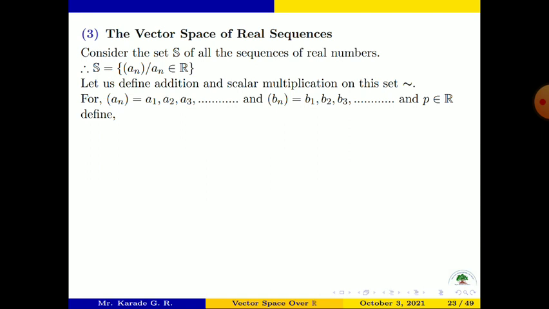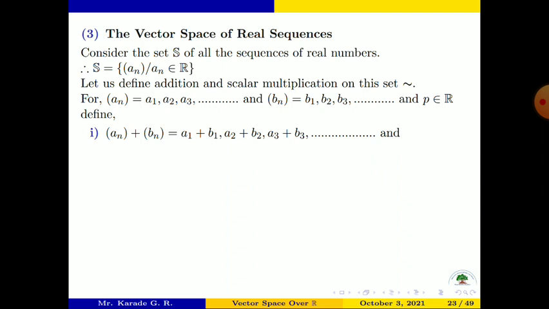Define two operations. First, addition of sequences. We know how to add two sequences: term wise addition. First term is added to first term, second term is added to second term. So a_n plus b_n is equal to a1 plus b1, a2 plus b2, a3 plus b3, dot dot dot.